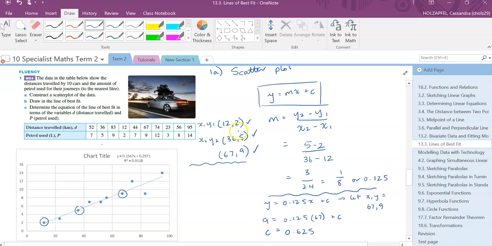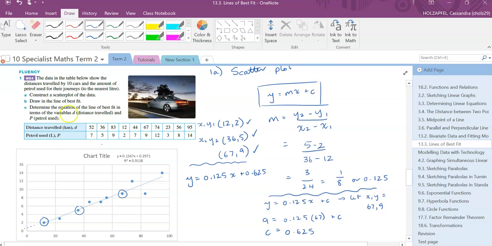You can substitute any one of these 2 points in, but the more points you incorporate, I'm hoping the more accurate this model is going to be. And so now I've got my value for my gradient and my y-intercept. So I've got y is equal to 0.125x plus 0.625. If I was to extend this line out further, I would assume that that would go through about 0.625, and that looks pretty reasonable to me.